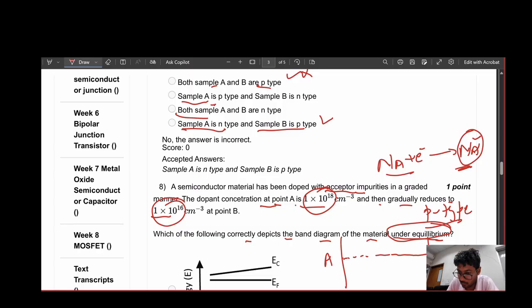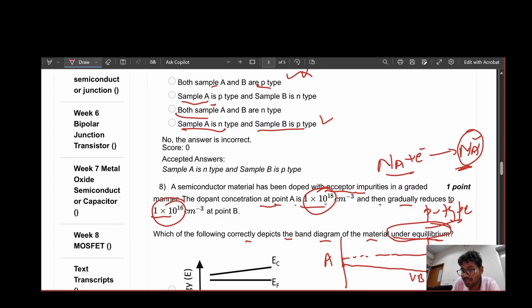Although it is P-type, the Fermi level will always be near to the valency band, and at this point A it will be more near to the valency band. At this point it will be a bit far from the valency band. So the valency band will look like this.